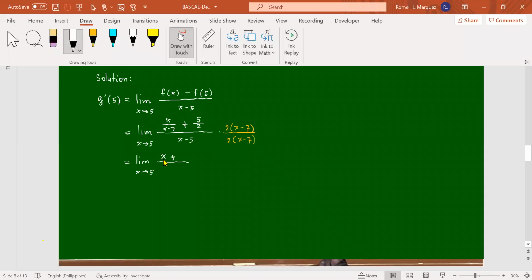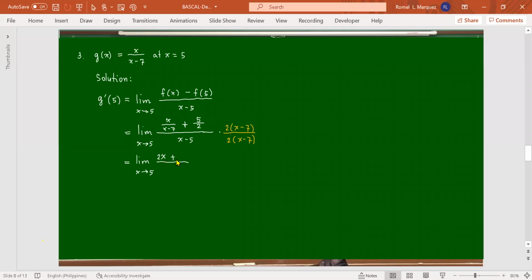So here it is 2, no? 2x plus 5x minus 35. Am I correct, guys? And then in the denominator, 2x minus 5, x minus 7.